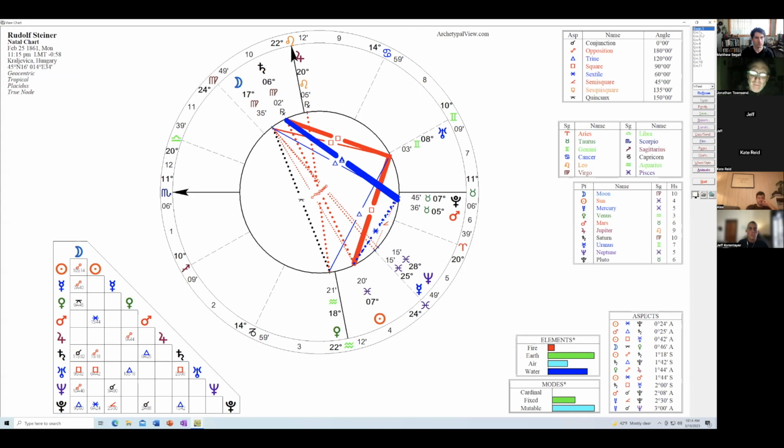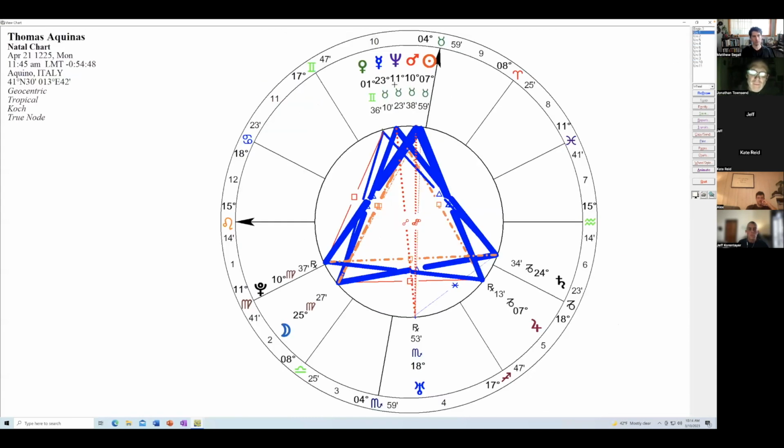It's interesting, I didn't mention it before, but Thomas Aquinas also had a Mercury-Neptune conjunction. It's in a trine with Pluto and with Jupiter. But didn't Steiner intimate that he may have been a reincarnation of Thomas Aquinas and Aristotle? Is that correct?